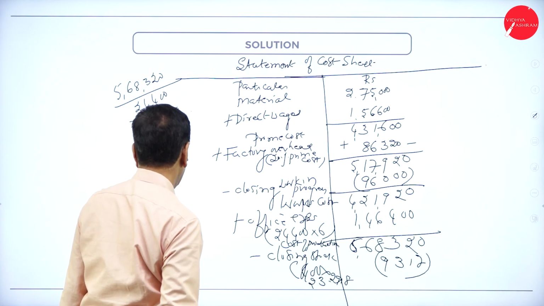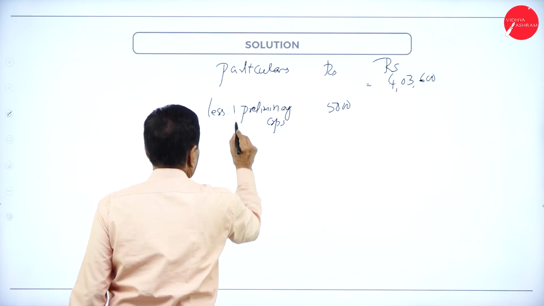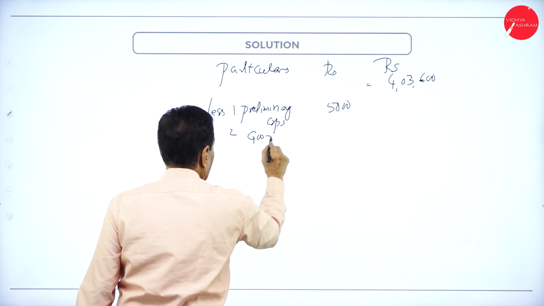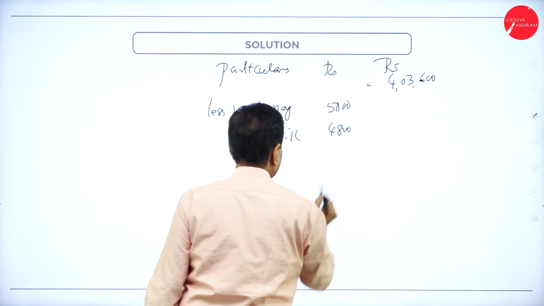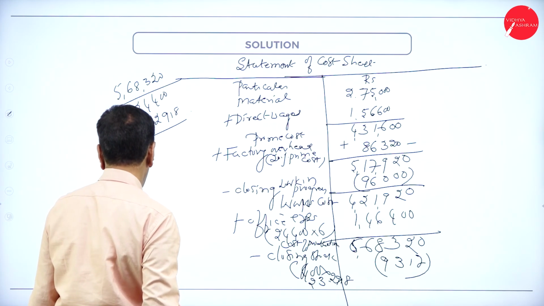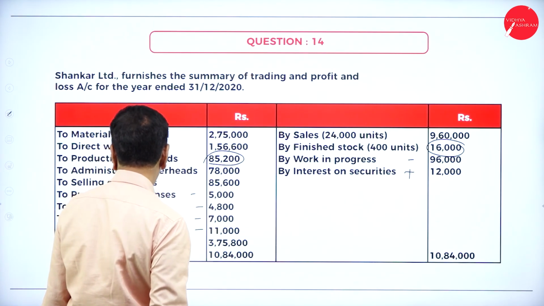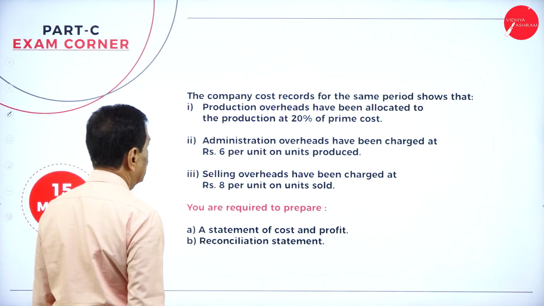Number 1, preliminary expenses, 5,000 is over. Goodwill, 4,800. Number 3, dividend, 7,000.